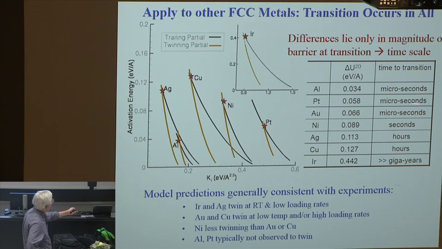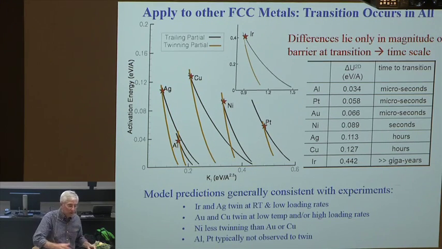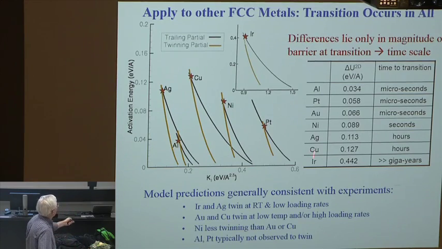And we see twinning in these materials at low temperatures or high strain rates. So this prediction, which came from the model, which came from the multiscale study, actually provides the right description of which materials twin and which materials don't twin at the crack tip.